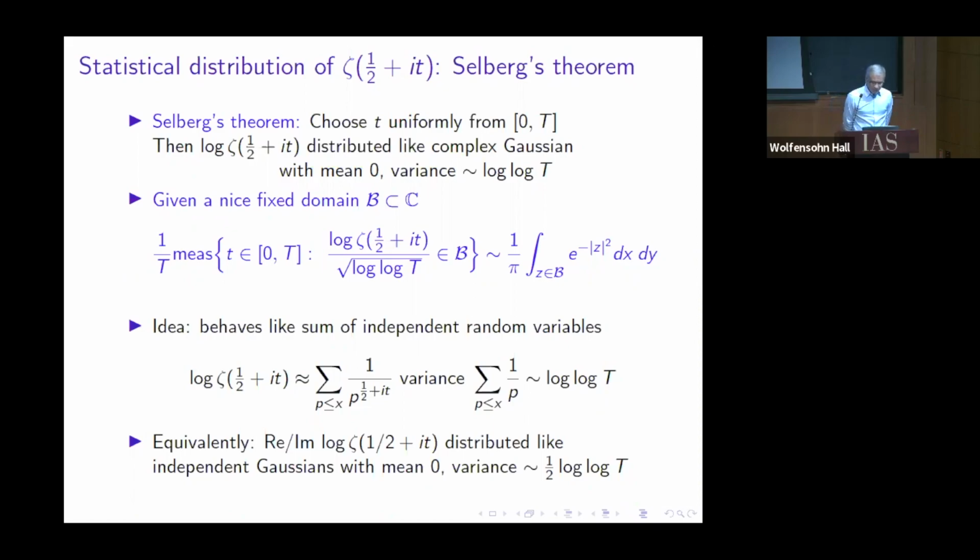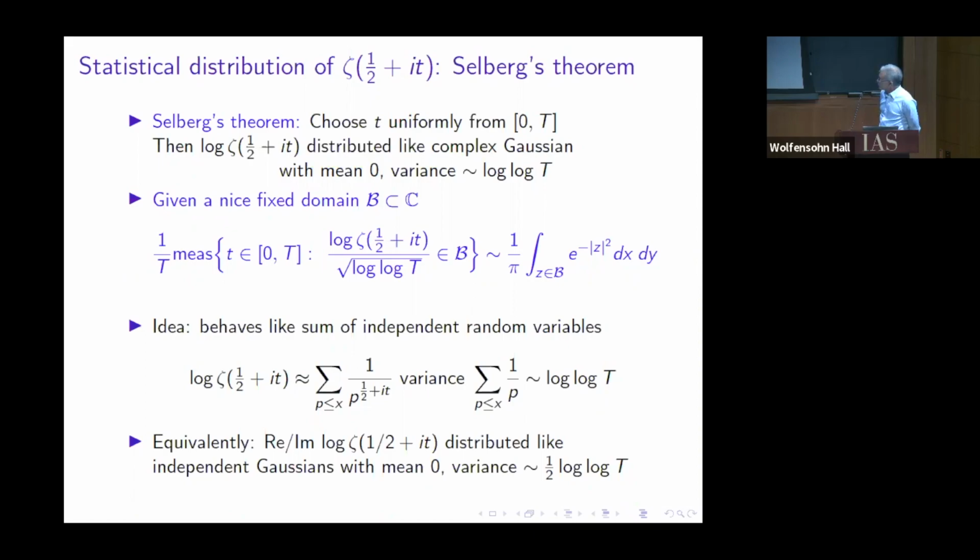The idea in Selberg's theorem is that if you take log of zeta of 1/2 + it, it doesn't make sense to write it as a sum over primes, but let's pretend that this makes sense. It's not a convergent sum. And let's not worry about what x is. Think of it as some small power of t. Doesn't matter what power of t. It still behaves largely like this.